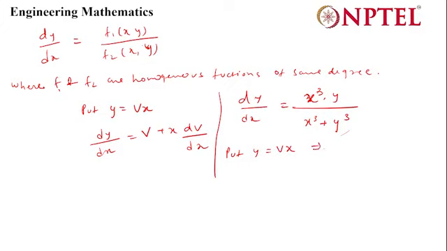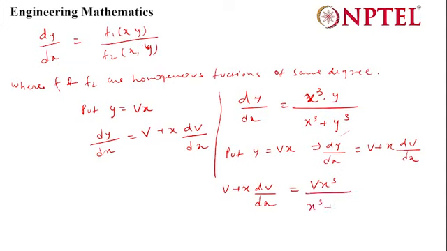And we will put dy by dx is equal to v plus x dv by dx. So you will put the values. It will be v plus x dv by dx is equal to v x cube divided by x cube plus v cube into x cube.